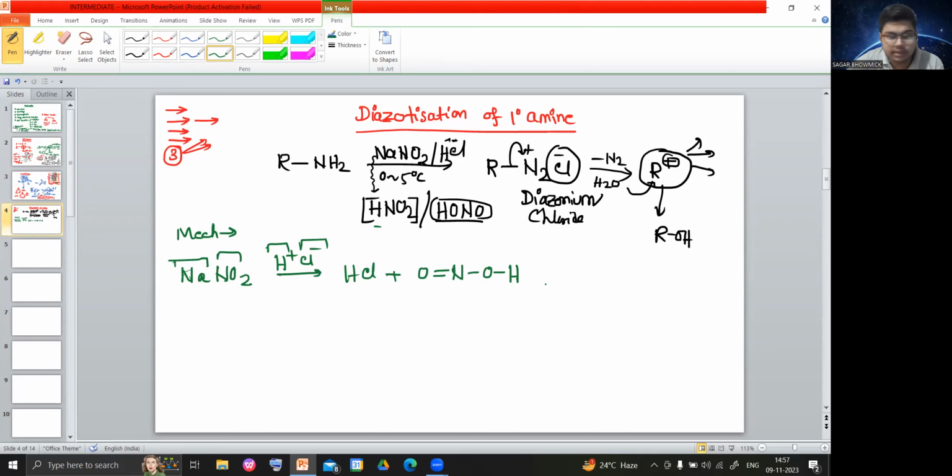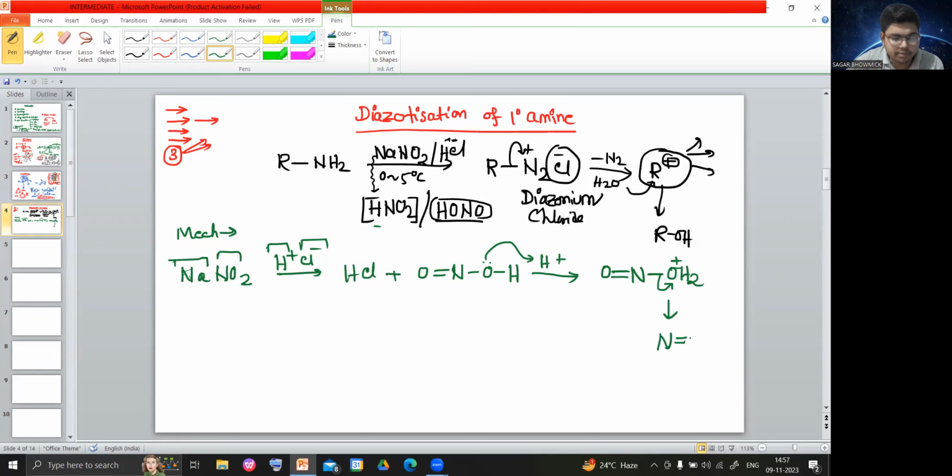Now, as HCl is acid, this is acidic medium. In acidic medium, what happens? This OH lone pair attacks H+. Now, OH2+ will form, with O double bond N. Water will be removed.